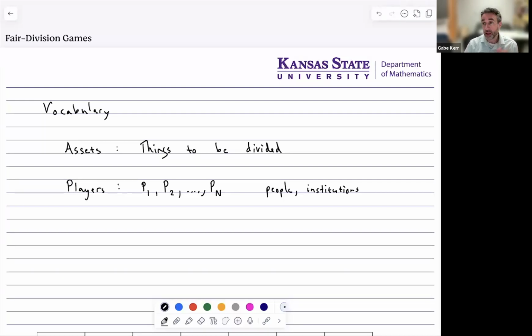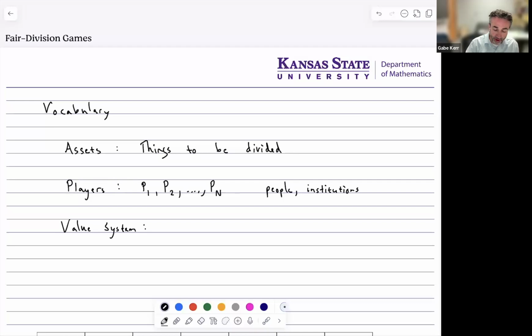And then there is a way that an assignment of value. So there's a value system, and this is a way to assign the value of an asset that a particular player has.